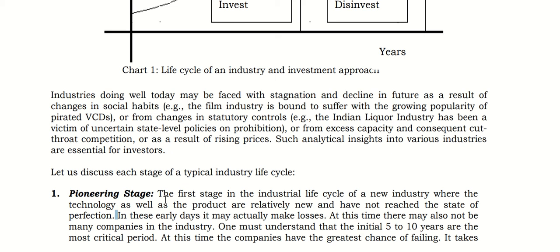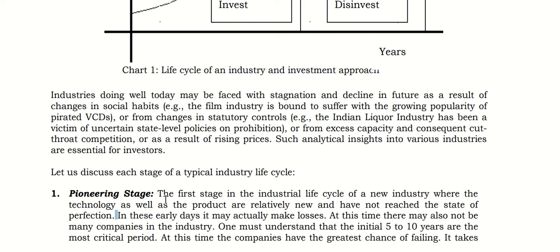For example, when touchscreen phones came in India, it was not sure that the people will accept it because of the price range, because of the technology used. So there were n number of factors. At that point of time, the telecom industry was growing rapidly, but this was the very start of the telecom industry, and investors may not have been very sure that in a country like India, people would accept this new technology or not.